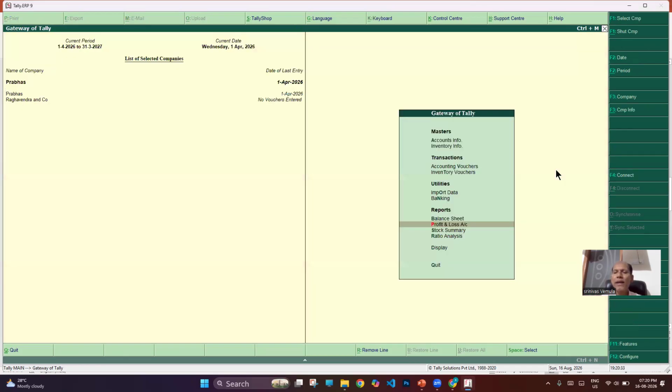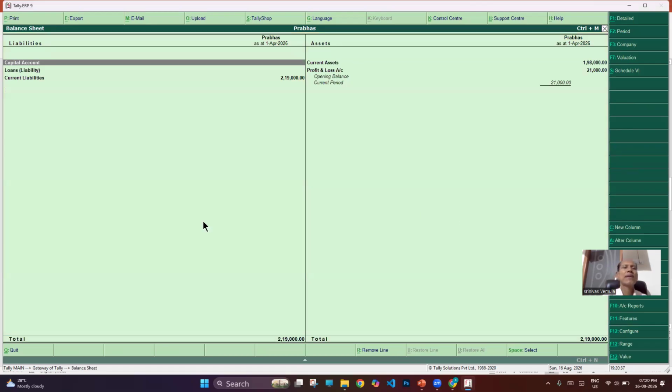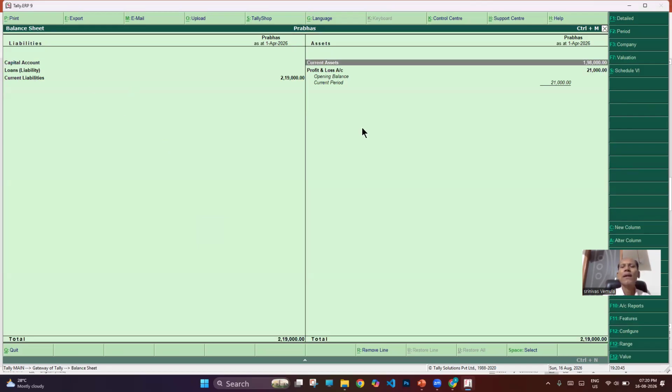In the same manner, we may see the balance sheet. See, this is the balance sheet: capital account, loans, current liabilities, current assets, profit and loss account 21,000. We can see the balance sheet with a single click.